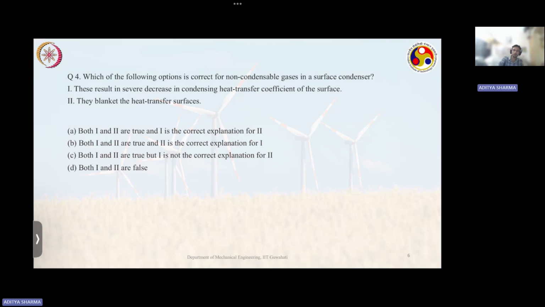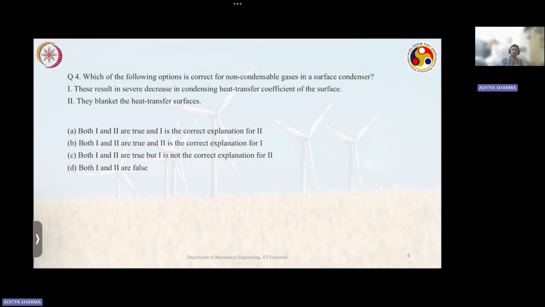So looking at the two statements and then looking at the options given. The first says that both the statements are true and one is the explanation for second. Option B says that both are true and two is the explanation for one.